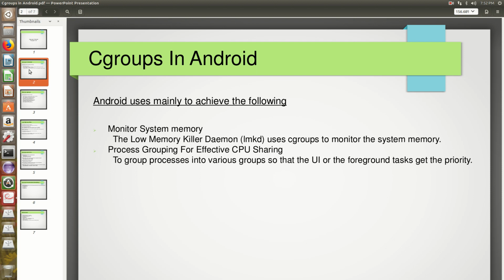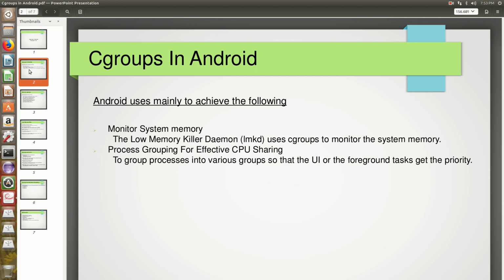And the second place where Android uses cgroups is for scheduling. Android categorizes its processes into various scheduling classes like foreground, background, audio, etc., based on which it tries to share the CPU, or give priority to the foreground applications or processes over the background processes.